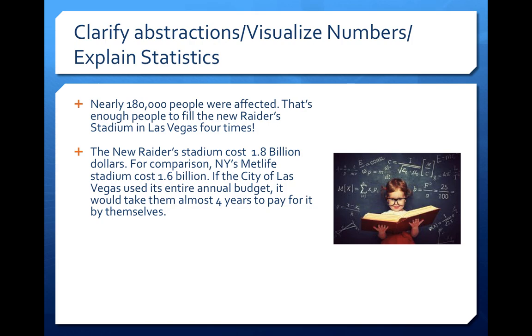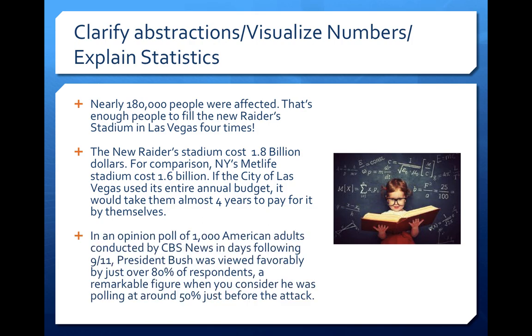In an opinion poll, this is explaining statistics. In an opinion poll of 1,000 American adults conducted by CBS News, in the days following 9/11, President Bush was viewed favorably by just over 80% of respondents, a remarkable figure when you consider he was polling at around 50% just before the attack.